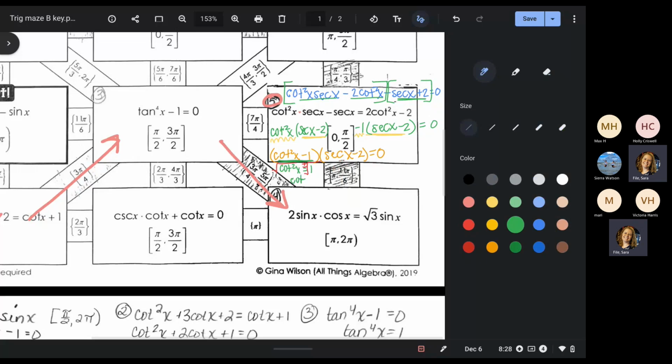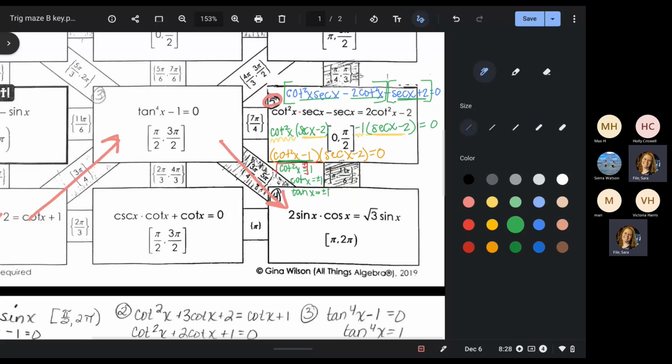So this one ends up cotangent of x is positive or negative 1. So square root of 1 is 1. So if cotangent is 1, that means tangent would be 1, because the reciprocal of 1 is still 1, right? So this is asking, where on our unit circle is tangent 1?